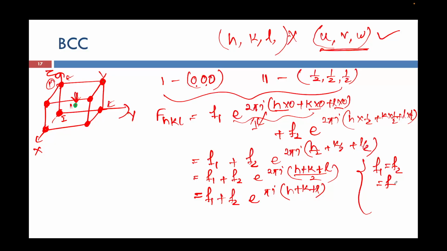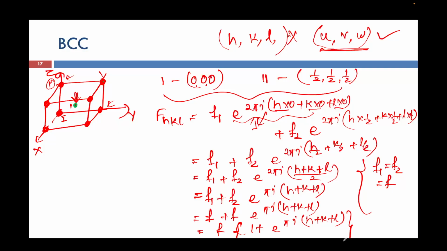So if I am considering that, then F plus F e to the power pi I (h plus k plus l), right? Here I can take F out: 1 plus e to the power pi I (h plus k plus l). I can write this entire expression.